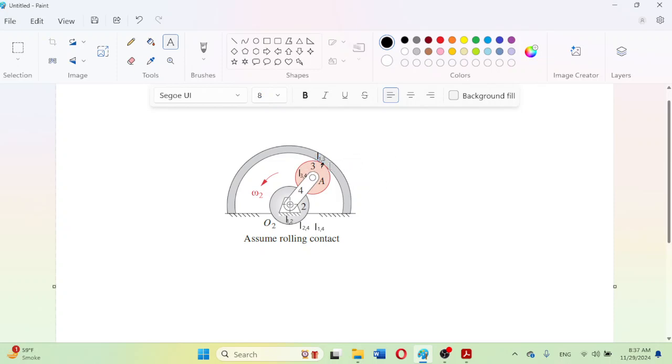Here like this, that this point is actually instant center I1 comma 3 between link number 1 which is this outer ring and this link number third, because at the contact point this point will have zero velocity, and we are familiar that the instant center has various definition. That instant center is also called instant center of zero velocity, instantaneous center of zero velocity.